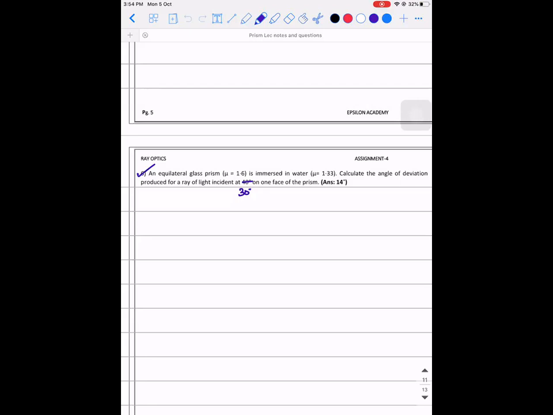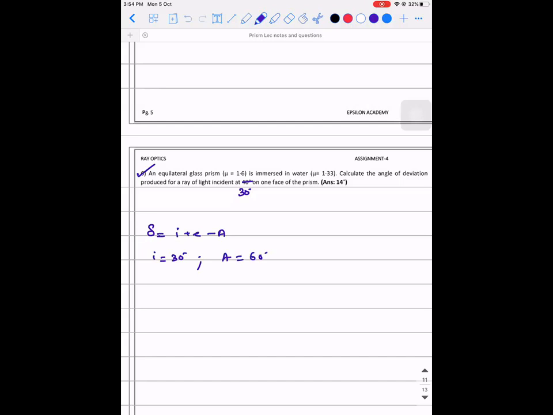So what are all the equations we need to apply? Yes, they're asking delta. Delta is equal to I plus E minus A. What is I? 30 degrees. Yes. E we don't know. Angle of prism is 60 degrees, right? So I is 30, A is 60, to find the angle of deviation.